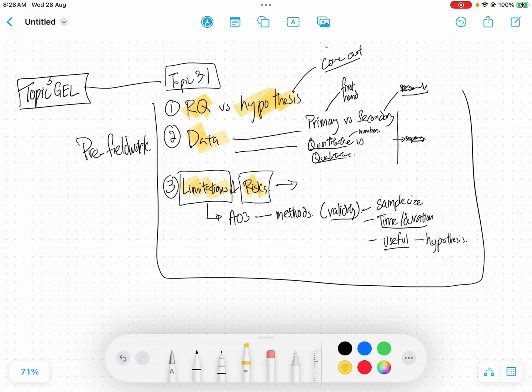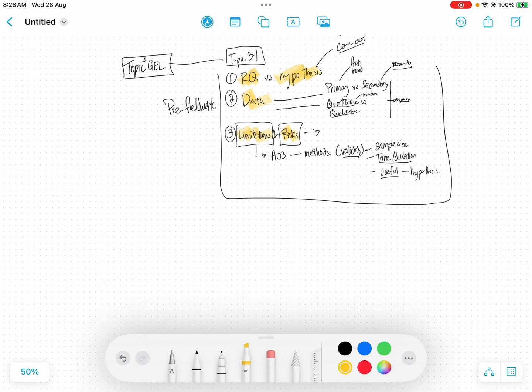You can even say wear at least sandals, or covered shoes, to go to the beach, because it can be dangerous if you get injured or cut by any sharp objects on the beach. So that's for topic 3.1.